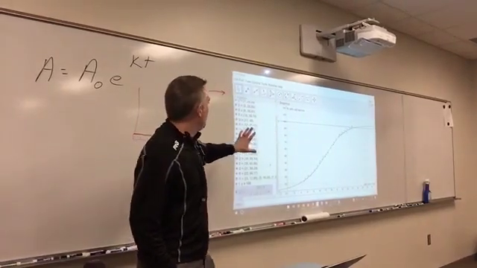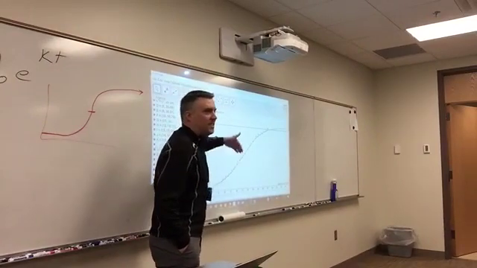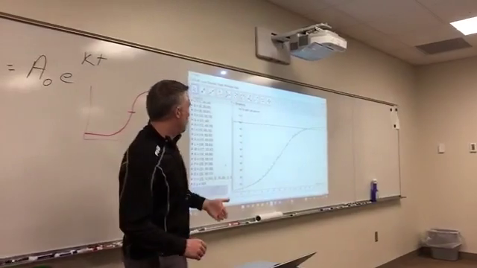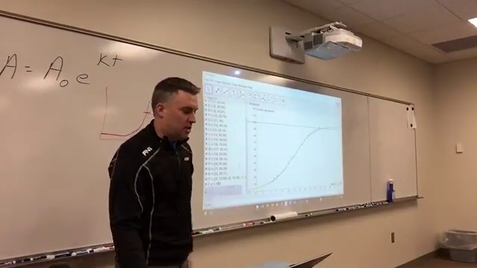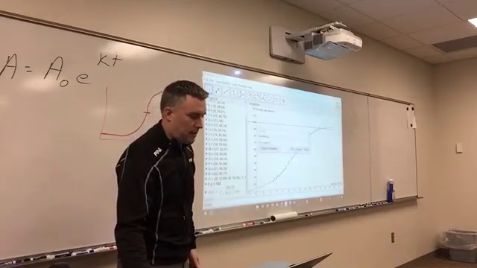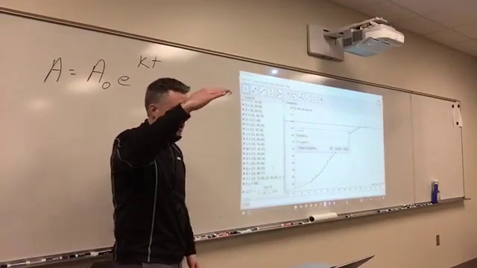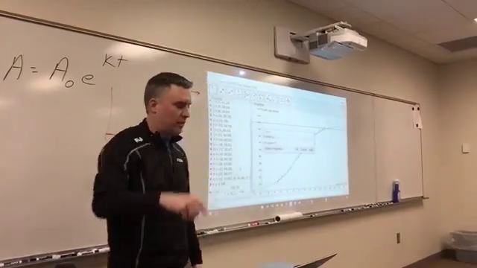See, GeoGebra doesn't know that we're talking about percent of people. GeoGebra doesn't know what this data is. It's just a bunch of data, right? But in the context of what we're doing, we know that our ceiling has got to be 100. So you could actually even change it. Well, I'd have to retype it in. But I could retype it in as 100 divided by 1 plus 25.2 e to the whatever.